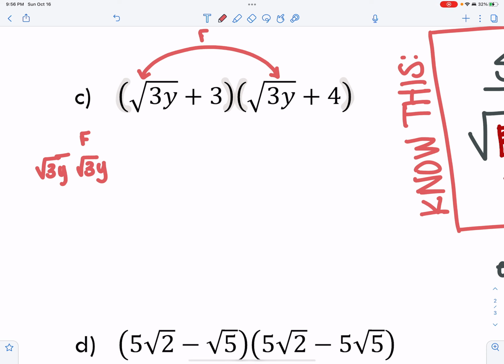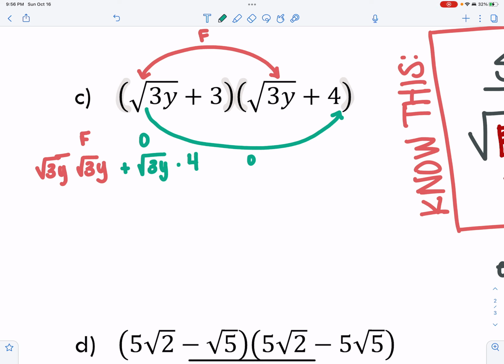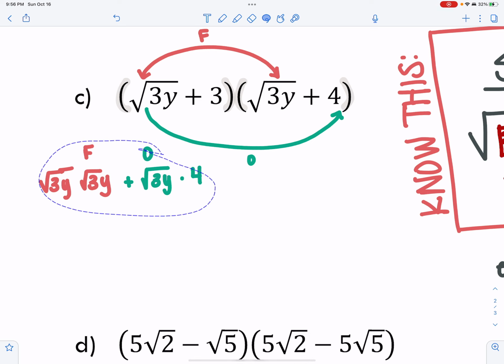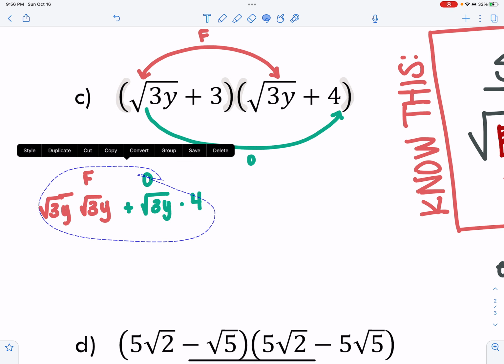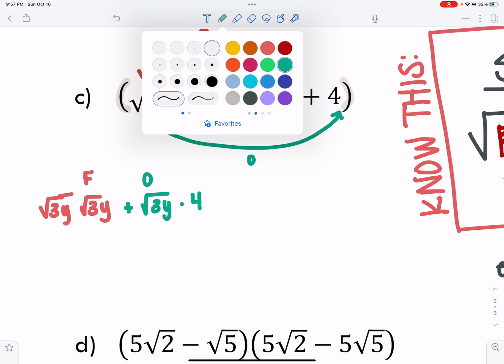So there's my first. Outer, the square root of 3y times 4. Now with FOIL, there is a plus sign between them, not any other operation. All right, so that's my outer.